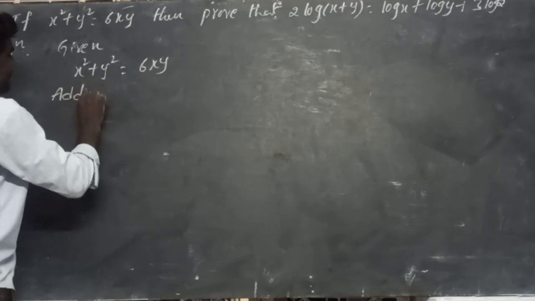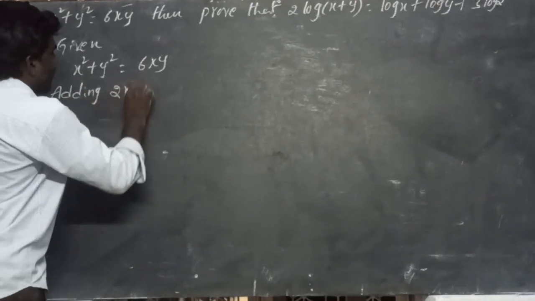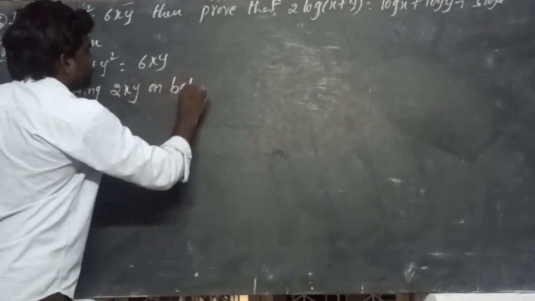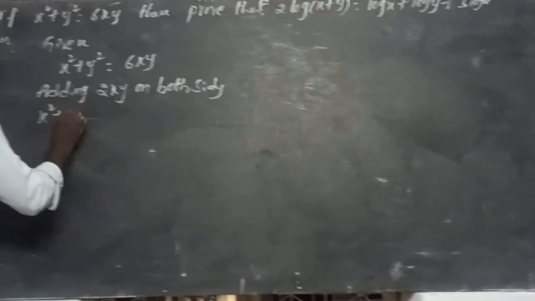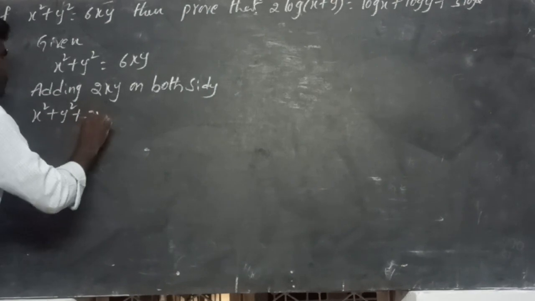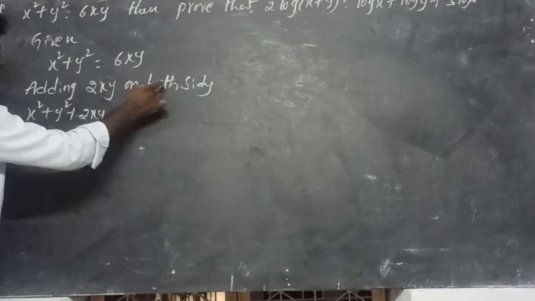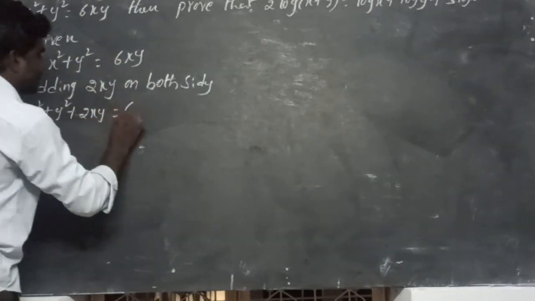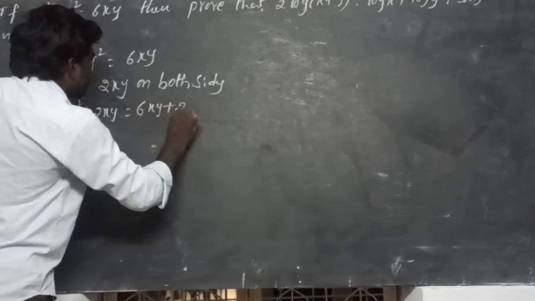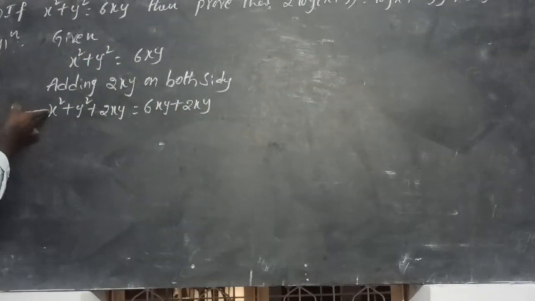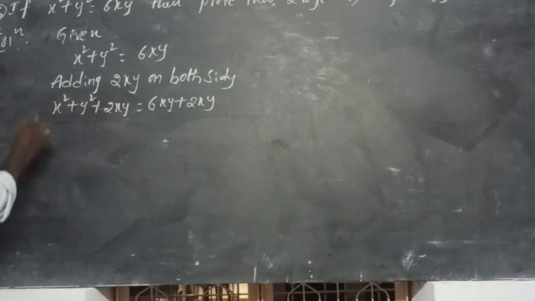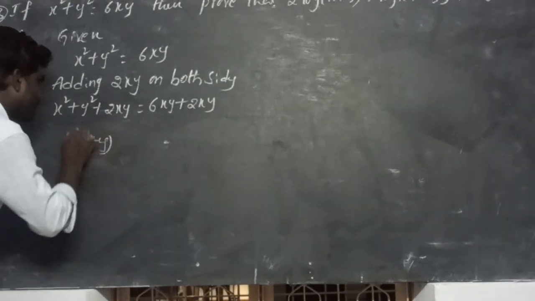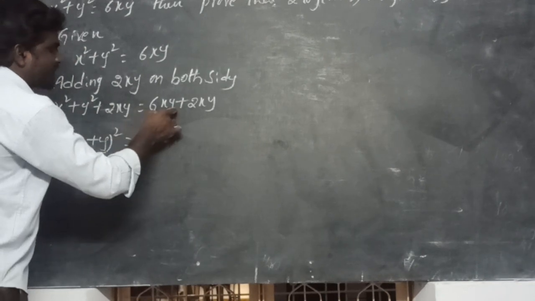So adding 2xy on both sides. Then x square plus y square plus 2xy is equal, both sides means LHS and RHS, 6xy plus 2xy. So now this expression how we can write? This expression x plus y whole square is equal 6xy plus 2xy.